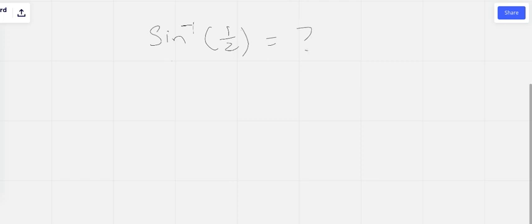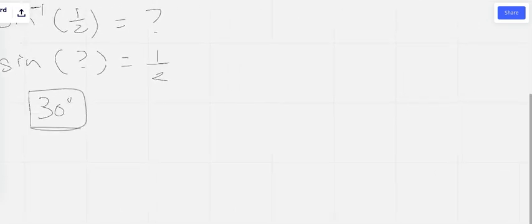This might seem confusing at first, but if I put it another way, sine of what is equal to 1/2? Can you answer this question? You guessed it. It is sine 30 degrees.